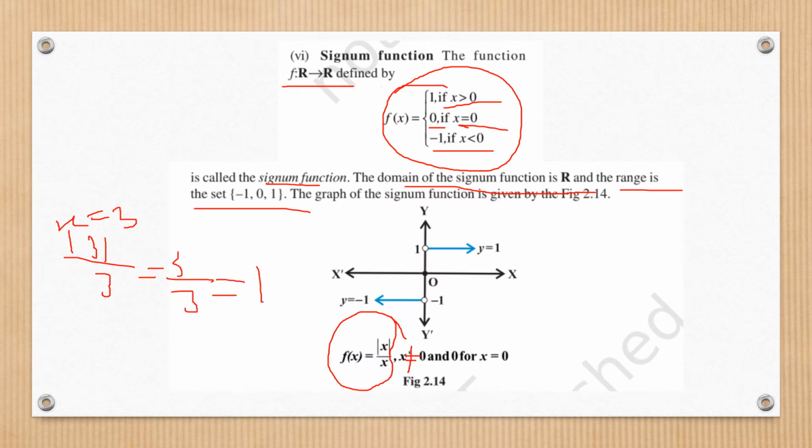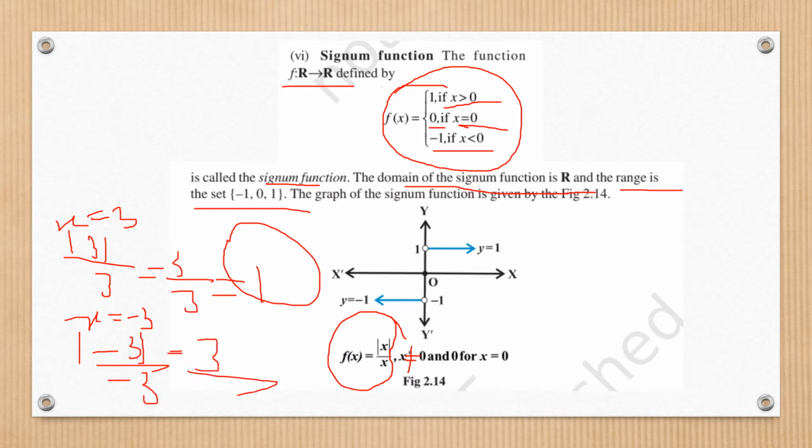So when x is positive, the signum function will just give you the value 1. But when x is negative, say minus 3, what will happen? It is mod x upon x. So the upper becomes 3 and the lower is minus 3. So the answer is minus 1. And for 0 it is 0. So whatever value I put, I'll get just 3 values: 1, 0 and minus 1.